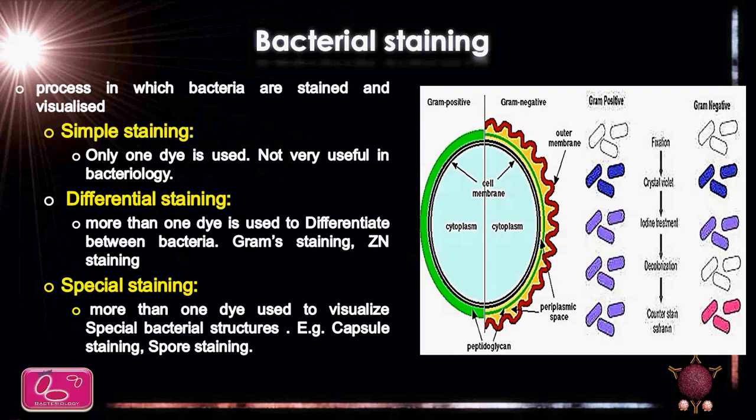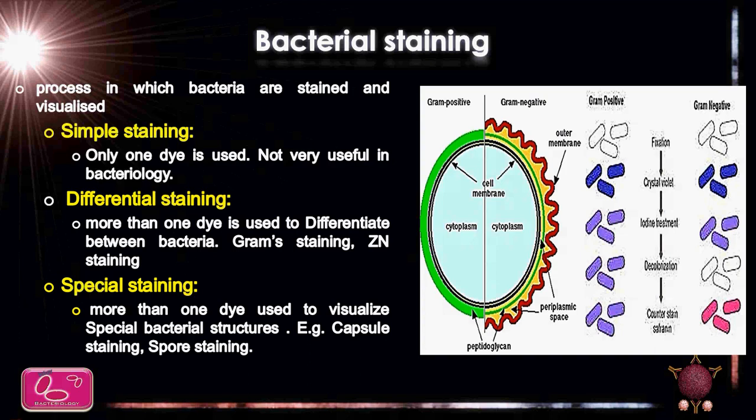What's commonly used is differential staining, which is composed of more than one dye, and the main aim is to differentiate between bacteria, and usually the method is multi-step. The most important are the Gram staining and ZN staining methods.